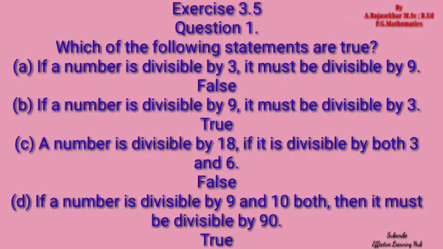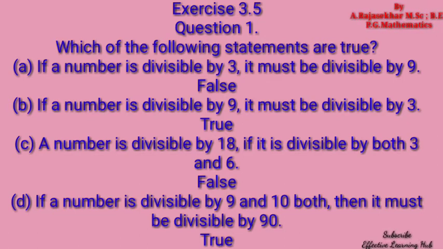If a number is divisible by 9, it must be divisible by 3, the reverse order, is true. B: If a number is divisible by 9, it must be divisible by 3. It's true.